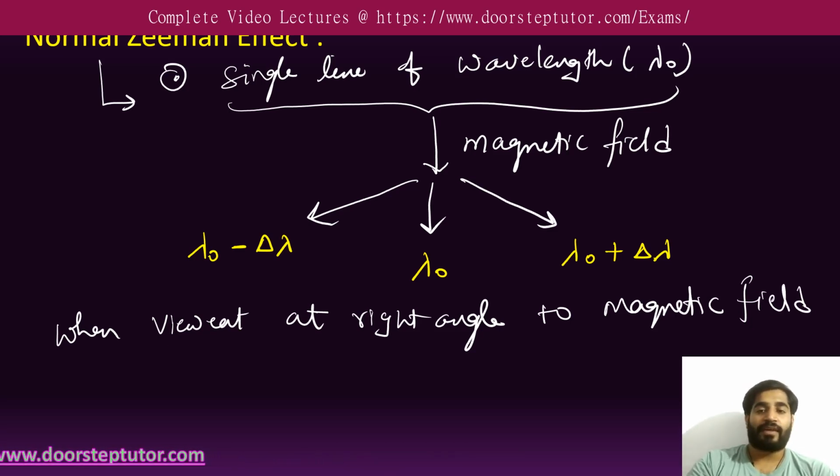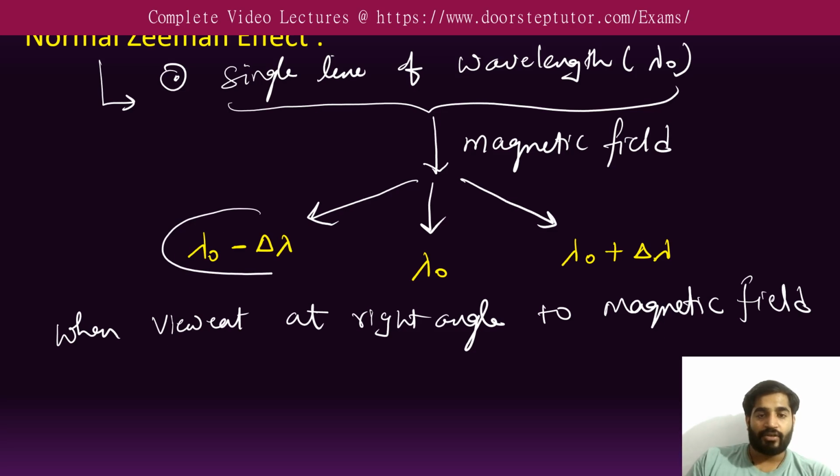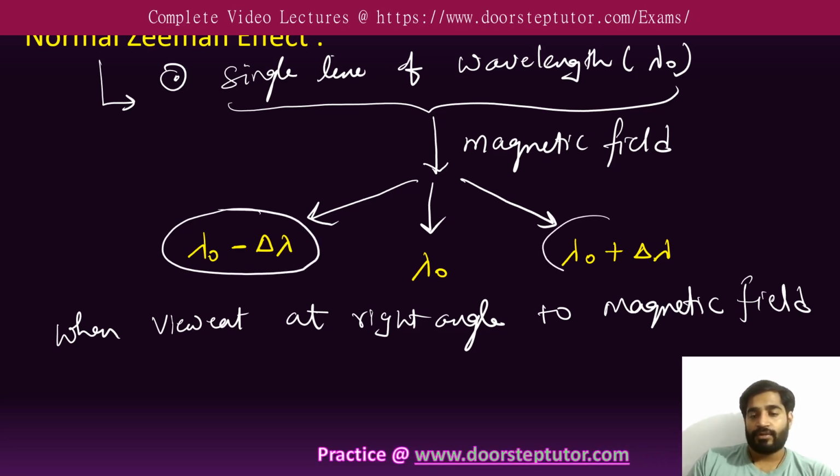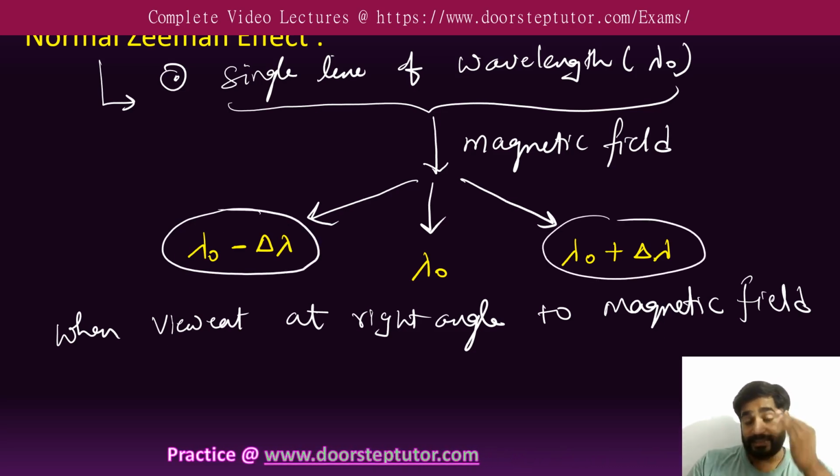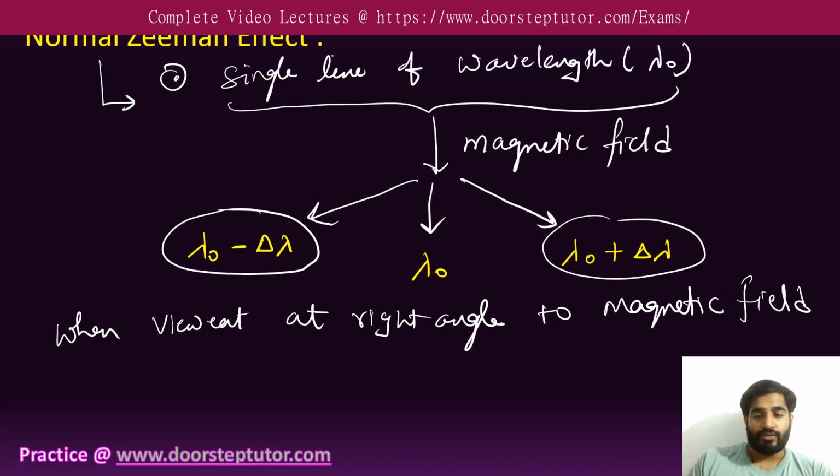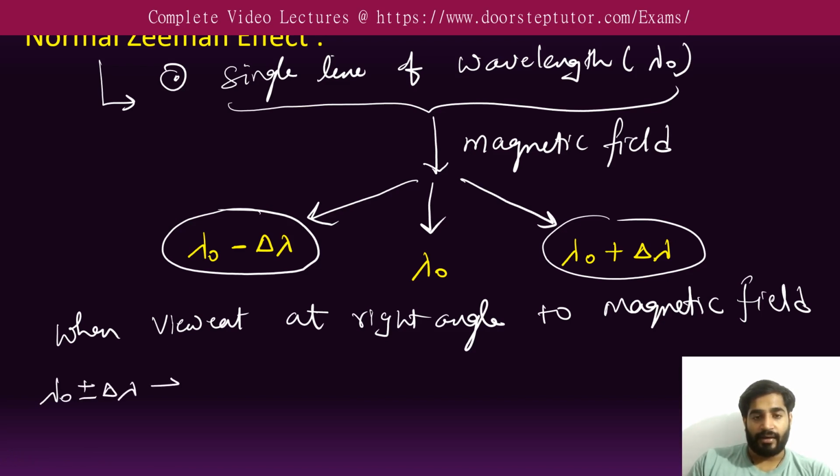When we started with the Zeeman effect, we talked about the polarized components. So what is the polarized component observed here? These are the two polarized components we observed, and they are plane polarized. So lambda naught plus or minus delta lambda are plane polarized.